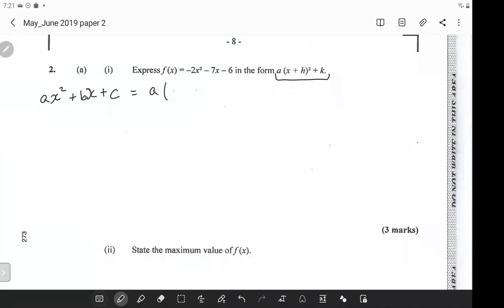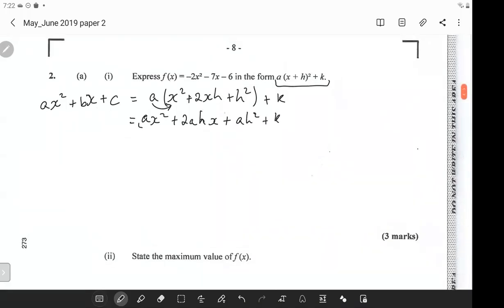Notice that that is just x squared plus 2xh plus h squared, and then we have our plus k. All right, so we could simplify this. So let's just do this quickly. So we multiply by a: ax squared plus 2ahx plus ah squared plus k.